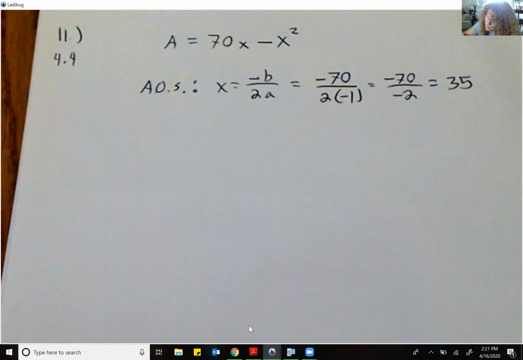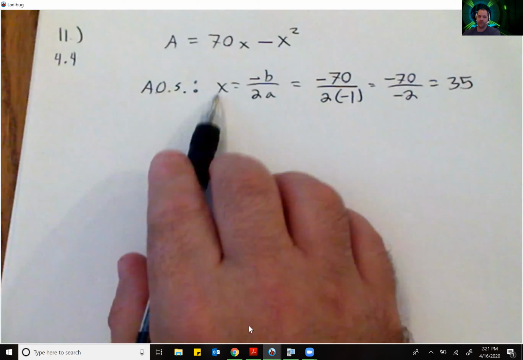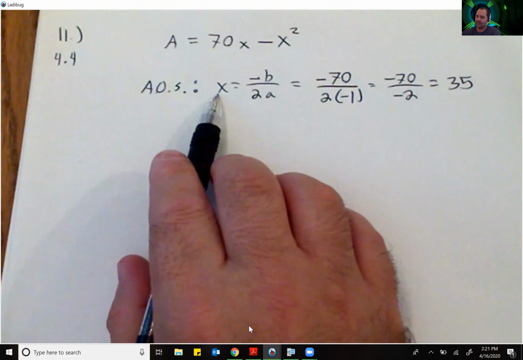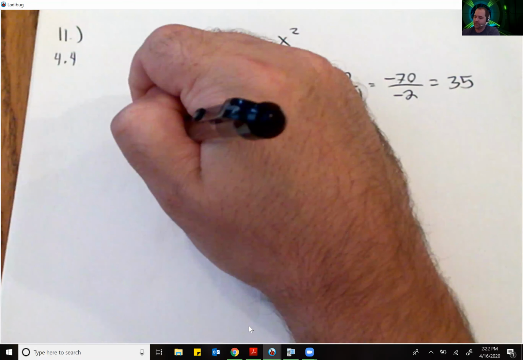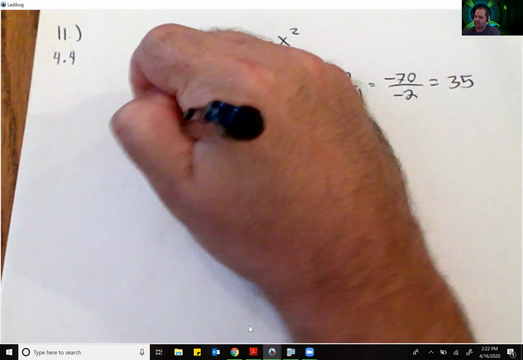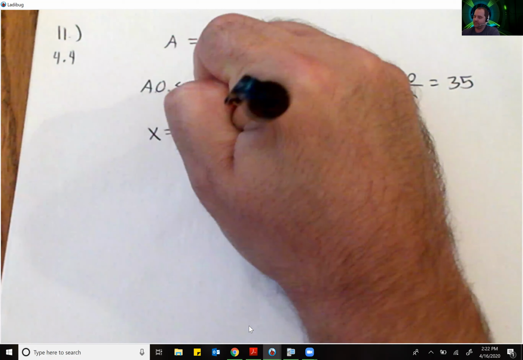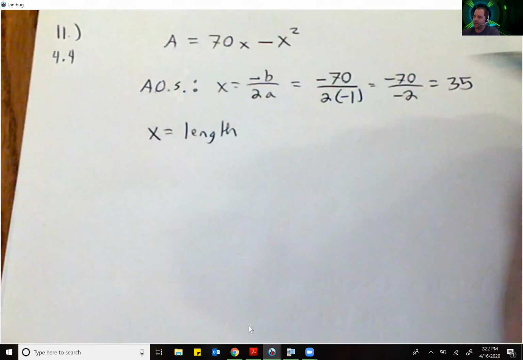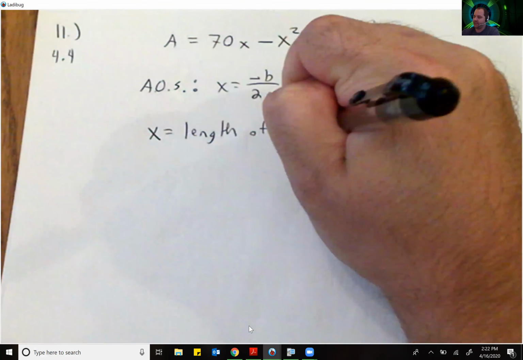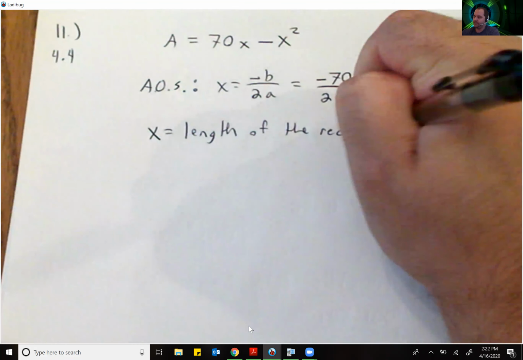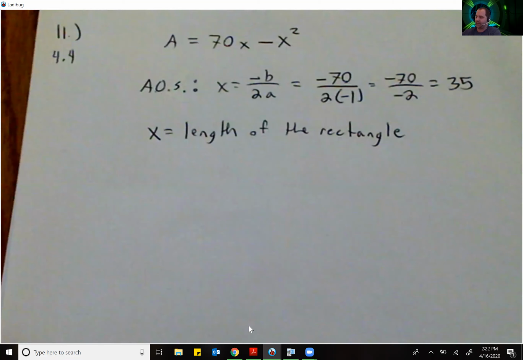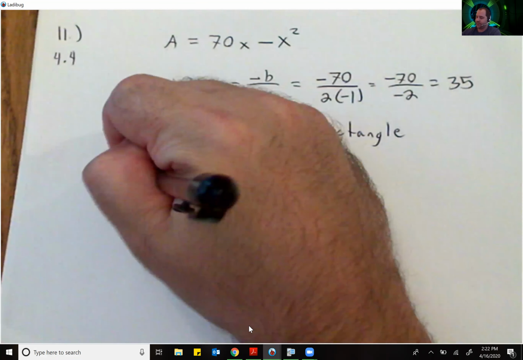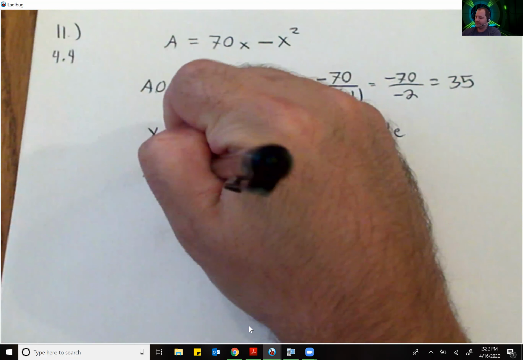Now remember, that's what x was, which if you remember from our problem a second ago, x really represented the length of the rectangle. So we now know that the length is equal to 35 feet.